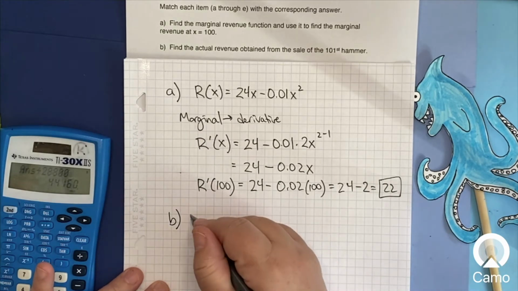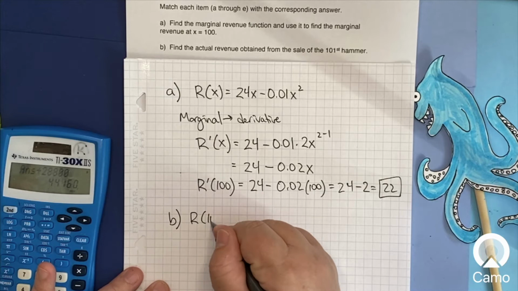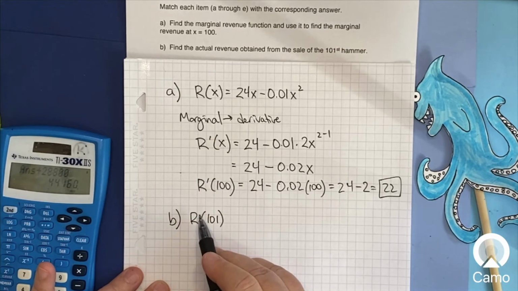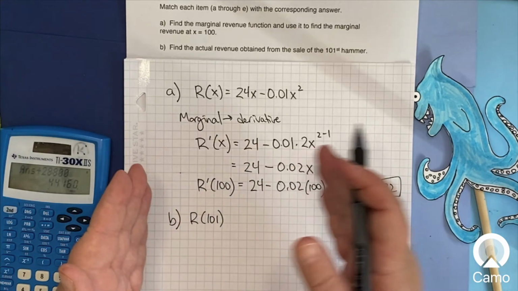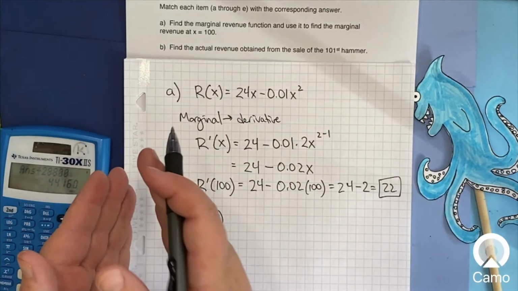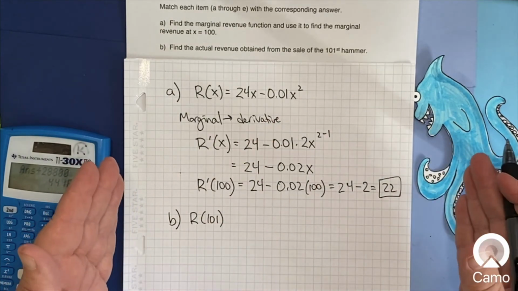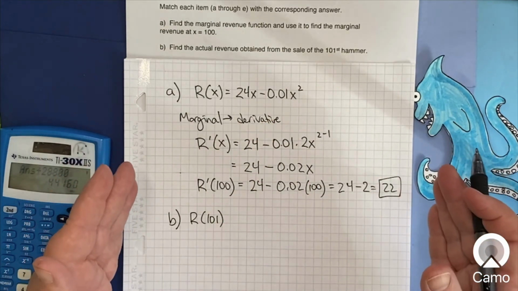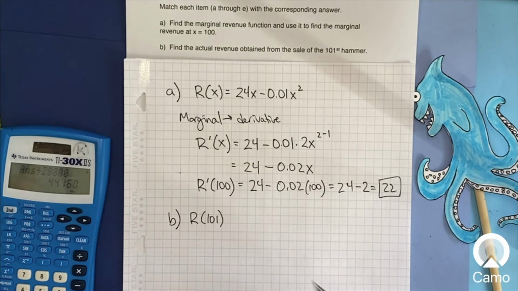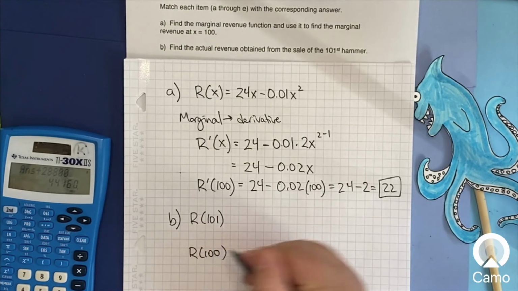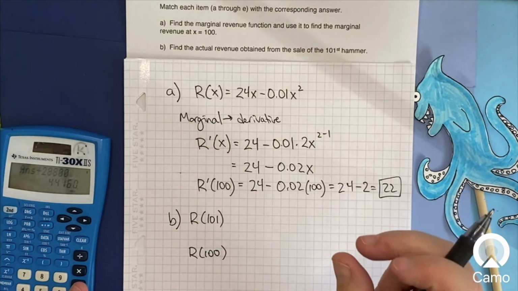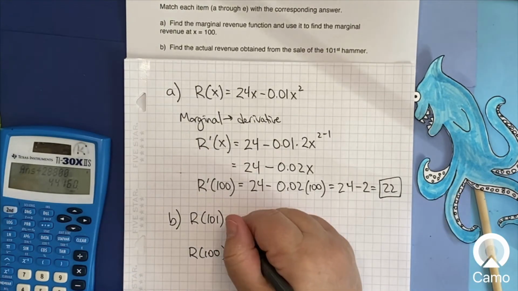So if I find R, normal R, look at how there's no derivative there. Normal R of 101 is the cost of all the hammers. 1, 2, 3, 4, 5, 6, all the way up to 101. I'm going to figure that out. Then I'm going to figure out R of 100, and I'm going to subtract them to see how much that last one, that 101st one, cost.